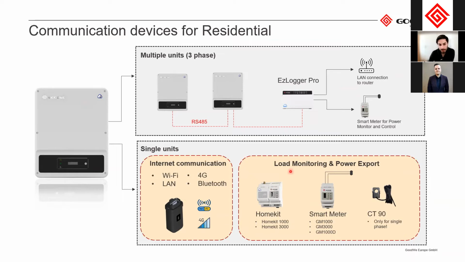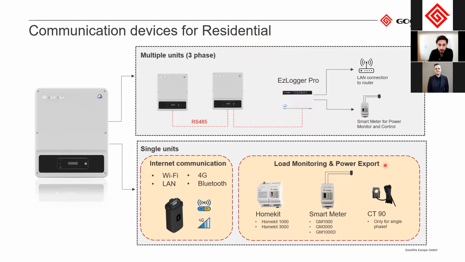You can also have some load monitoring or power export functions. And to have this, you need some additional devices. For the load monitoring and power export limitation, you need to have the HomeKit, either HomeKit 1000 for single phase or 3000 for 3-phase.